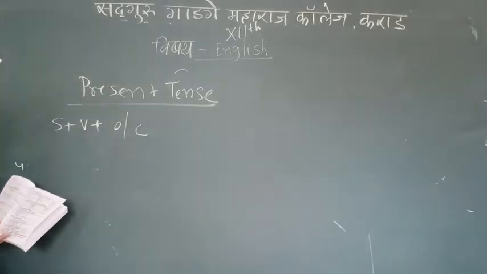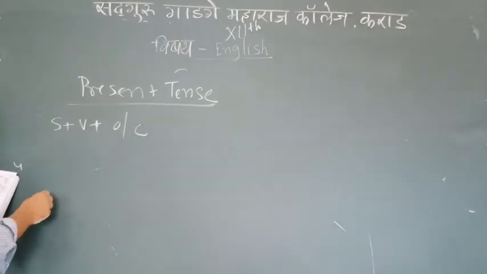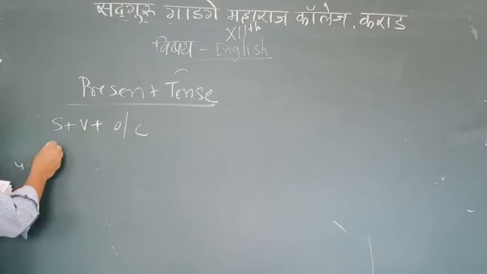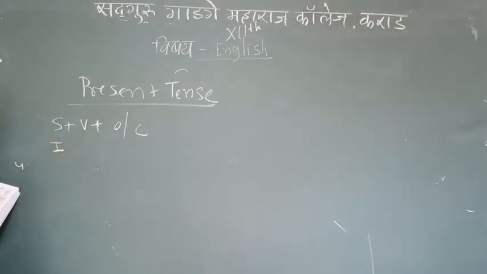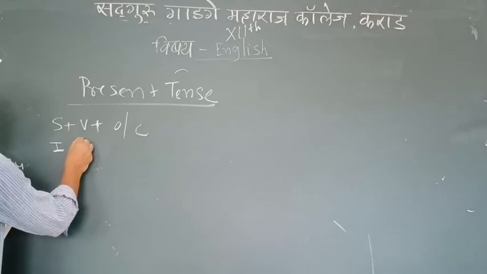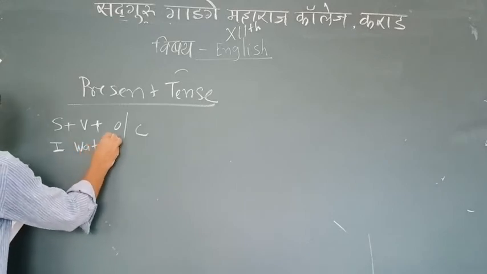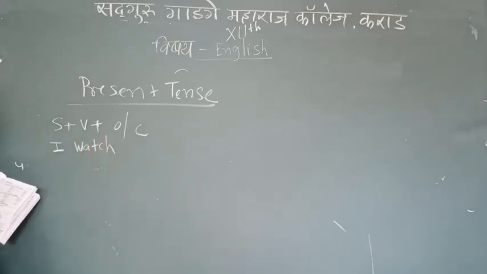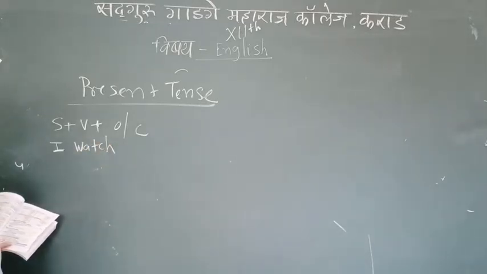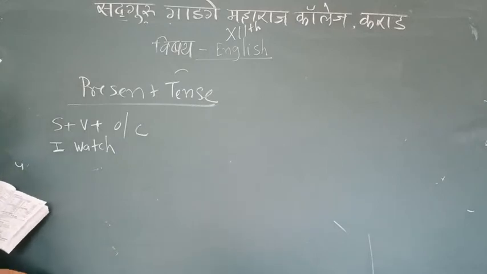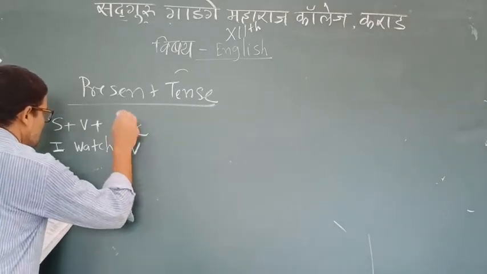Suppose you take the subject I, watch is the verb, and the object is TV. This is the sentence pattern.